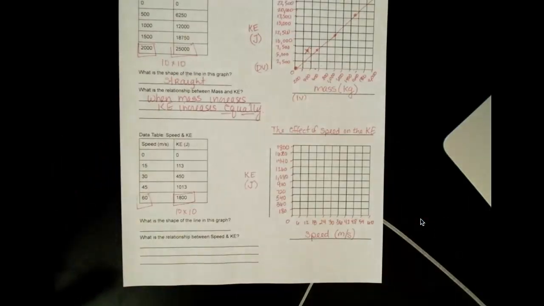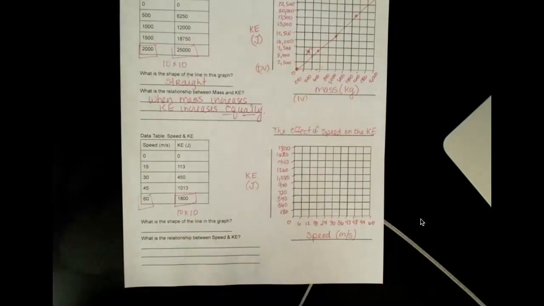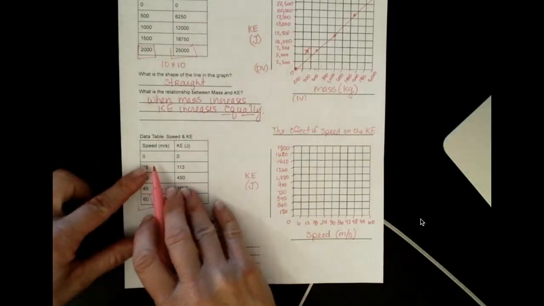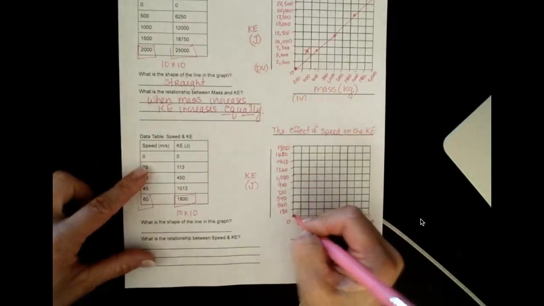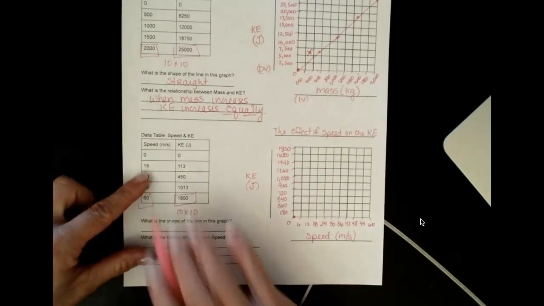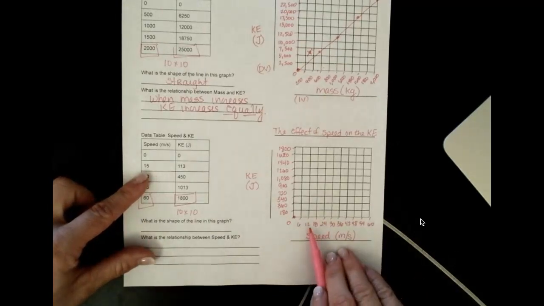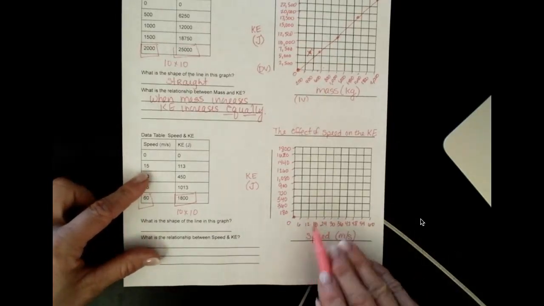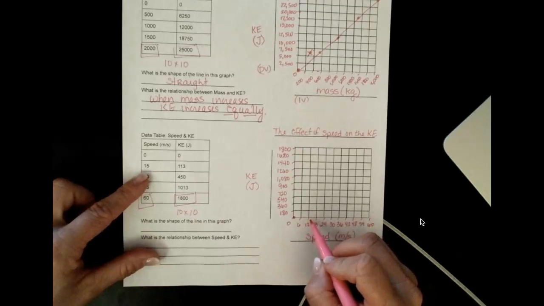Okay, now we are ready to put the information on our graph. We have our 0, 0. The next one, the speed is 15, so our 15 is going to be between the 12 and the 18, and then it goes up to 113.